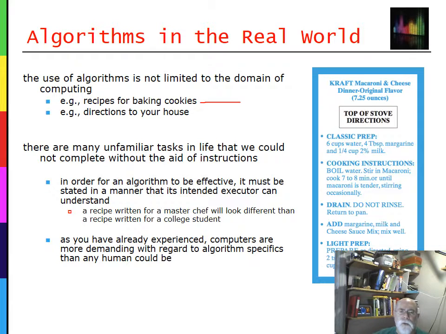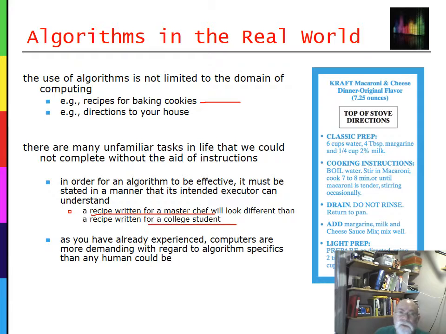They also go into details about how a recipe written for a master chef would look different than for a college student. The reason for that is there's a certain skill set that the master chef has already learned and already knows. So you don't have to tell them to preheat the oven, or even to preheat it at a certain temperature.